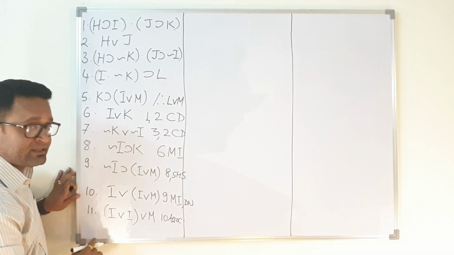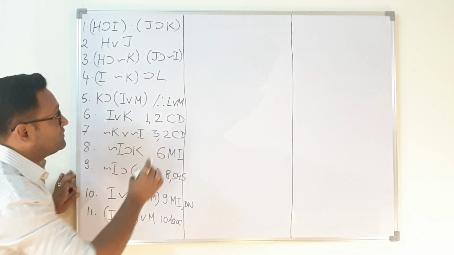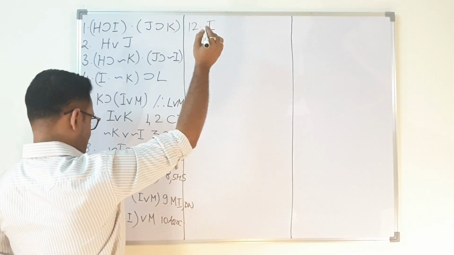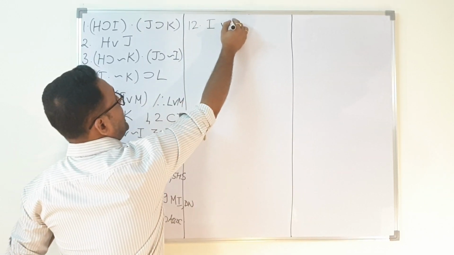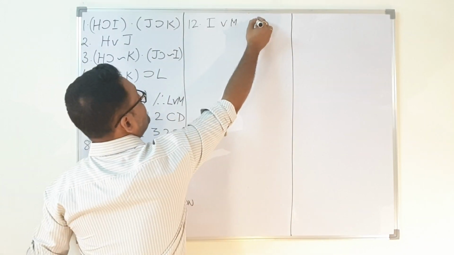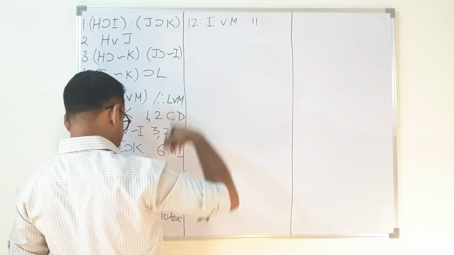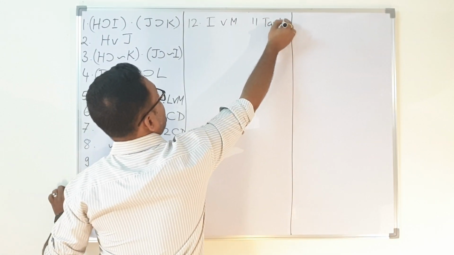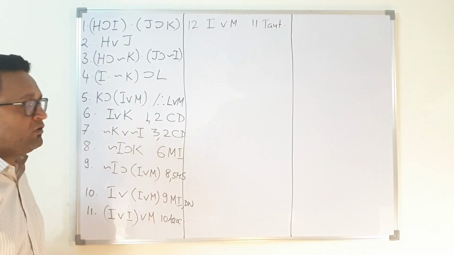So I will get this expression. So the 12th expression can be I wedge M, right? So this will be 11, tautology. Fine. So I have got this.